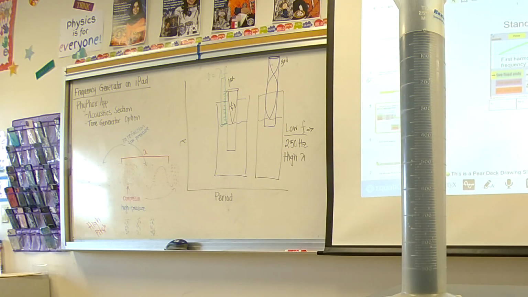Multiply by 4. Okay? Your goal is to collect this data today. We're going to do the rest of the analysis next class, but I want to make sure that you get 6 different frequencies and calculate 6 different distances so that at least by next class we can analyze and do our graphing and all of that stuff.